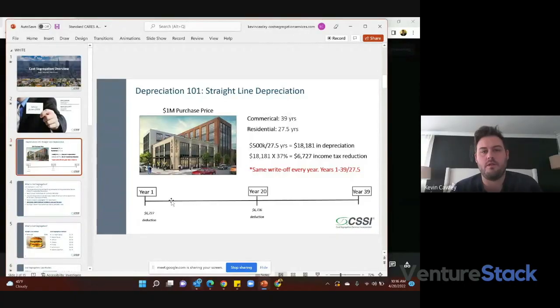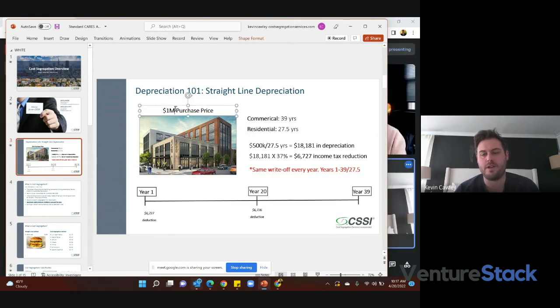Very cool. Before we get into accelerated depreciation, I want everyone to understand straight line depreciation. This is important because if you don't have a savvy CPA or don't know about cost seg on your own, you automatically get put into straight line depreciation. So I'm going to show an example of a residential property purchased at 500K.